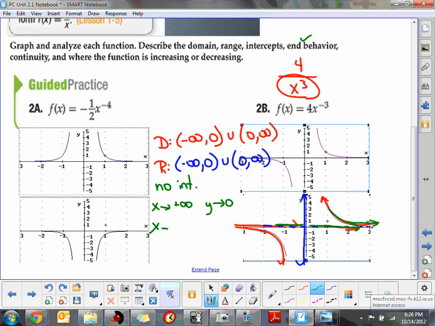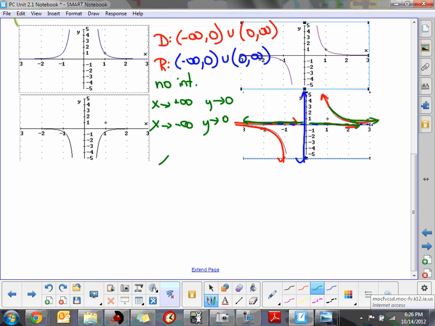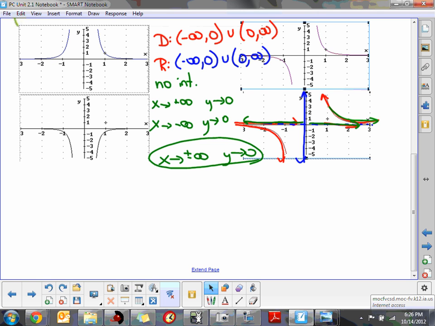And as x approaches negative infinity, what does y do? As x approaches negative infinity, y is approaching 0 again. So it doesn't matter. What you could do if you like, you could say as x approaches both the positive and the negative infinity, y approaches 0. And you can write that as a compound statement, and that shortens it up a little bit when you see that the same end behavior is occurring.